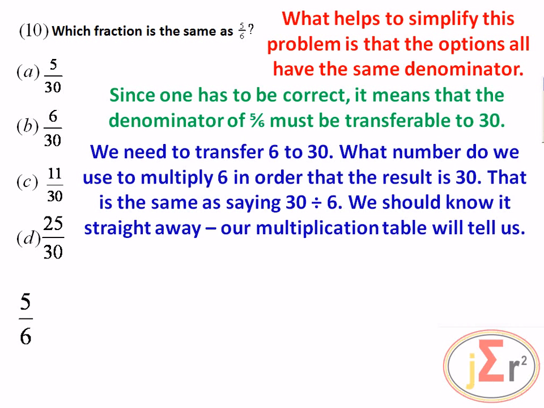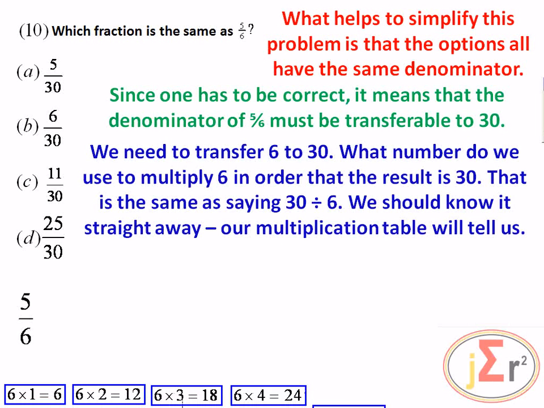What number do we use to multiply 6 in order that the result is 30? That is the same as saying 30 divided by 6. We should know it straight away. Our multiplication table will tell us.